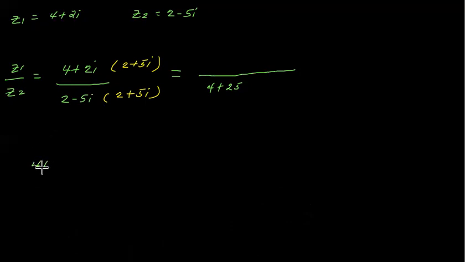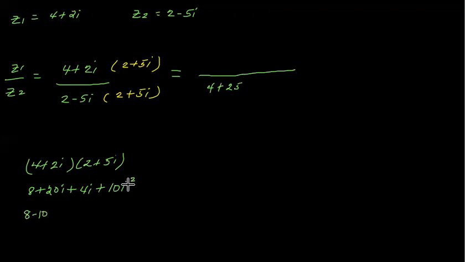Now, all that's left for you to do before we start simplifying is do this multiplication at the top, which is 4 plus 2i multiplied by 2 plus 5i. So this is 4 times 2 is 8 plus 20i plus 4i plus 10i squared. So this is 8 minus 10. How do I get minus 10?